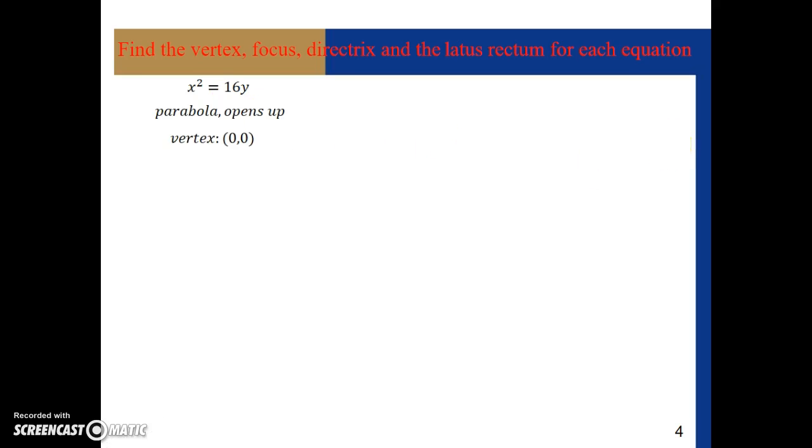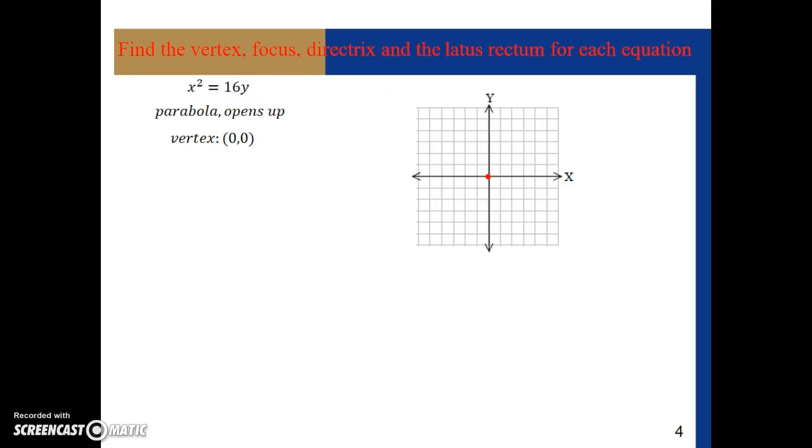The vertex: there is no x minus or y minus, therefore h has to be 0 and k has to be 0, so the vertex point is at (0, 0). We know that we need to find a, so we have x squared equals 4 times a times y, so 4a equals 16, therefore a has to equal 4, and it's a positive 4, so again we know that it opens up.